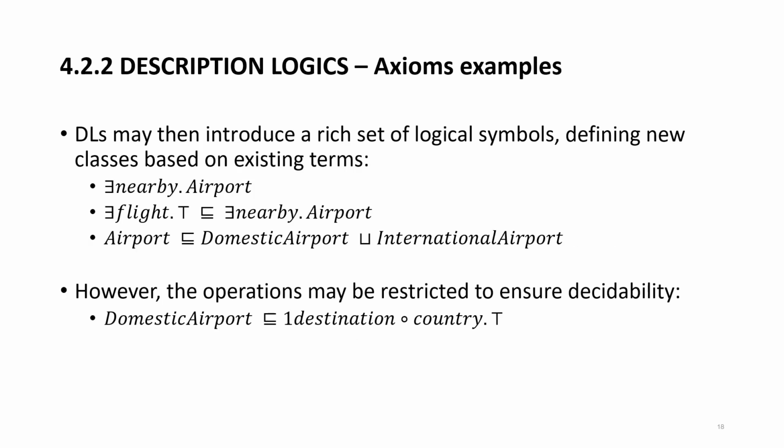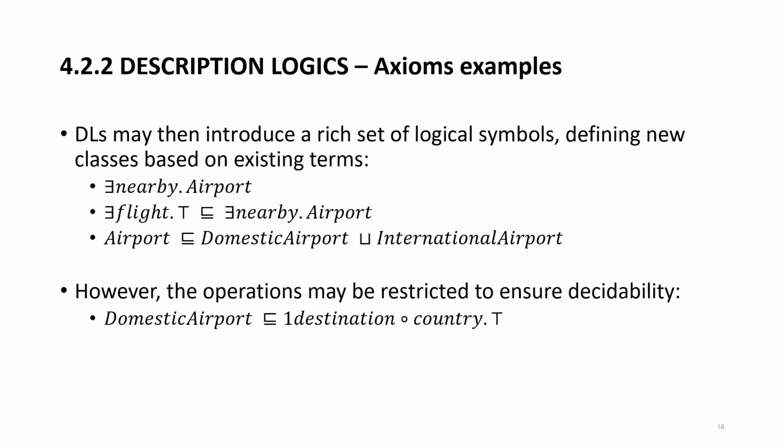Now I will show some examples of how those axioms are used. DLs have a rich set of logical symbols, and that way we can define new classes based on existing terms. The first example shows a class that defines the individuals nearby an airport. The second example is all the individuals that have a flight and must be nearby an airport.